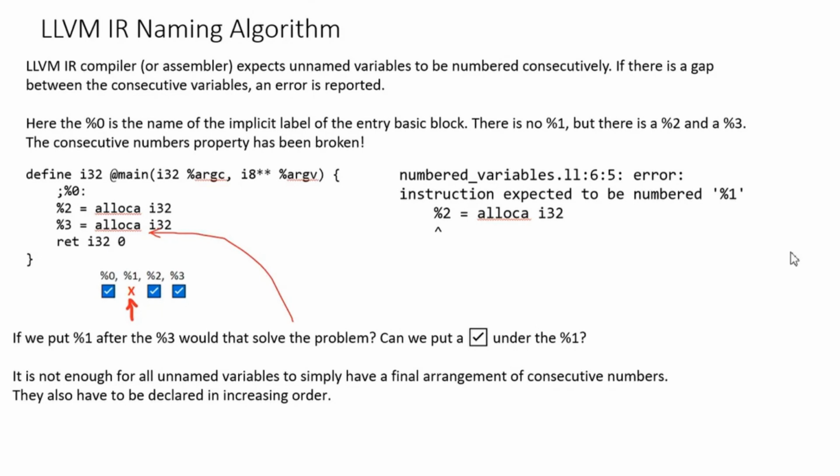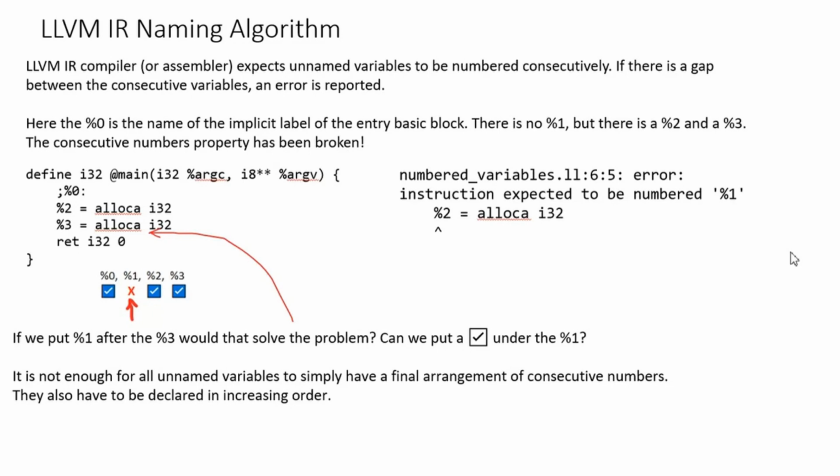So here in this code snippet, we know that %0 is the name of the implicit label of the entry basic block. Since there is no %1, but there is a %2 and a %3, the consecutive numbers property has been broken. This is the error that happens if you attempt to compile or assemble this code.